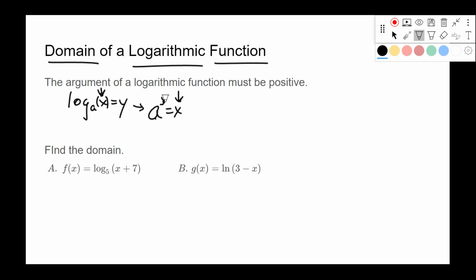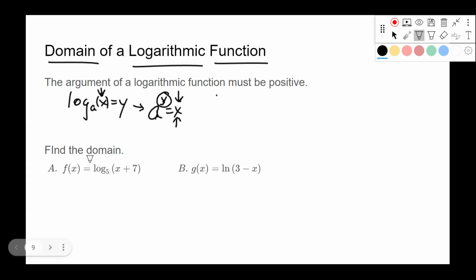But here's the thing. We talked about this before. If you have a base a that is a positive number but not 1, and raise it to a power, then you can't get a negative number over here on the right-hand side, no matter what number you put in for this exponent. So the argument of a log has to be a positive value.